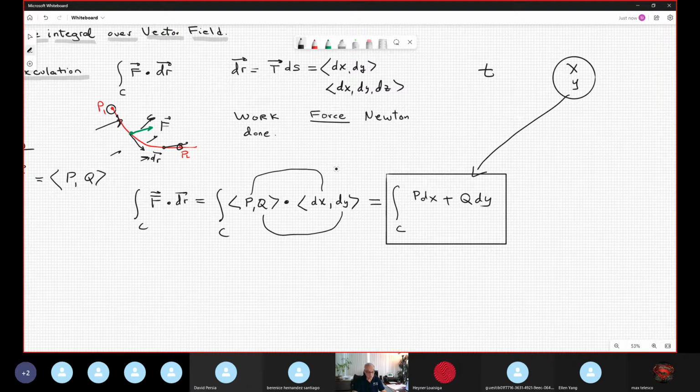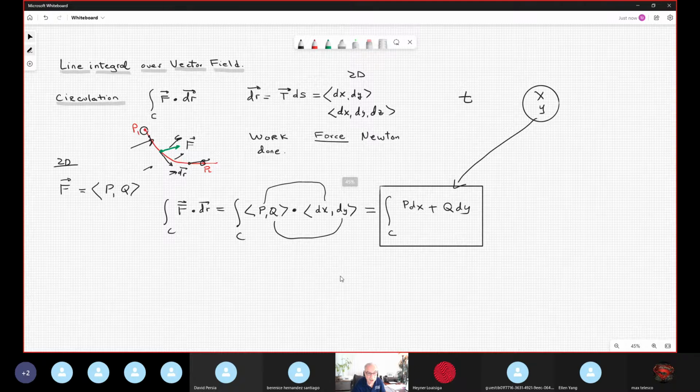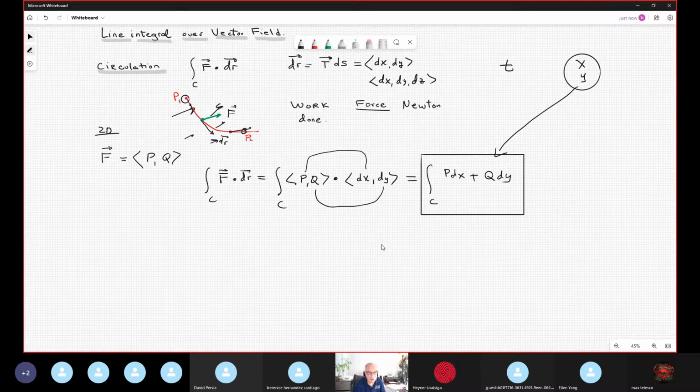If it is not a circle, if it's a line or a parabola, I don't know, then it's much better to do it without parametrization, what the book calls the differential form. It's a natural parametrization. It's X, Y, no parametrization. Okay. So let me discuss it now before I start problems.